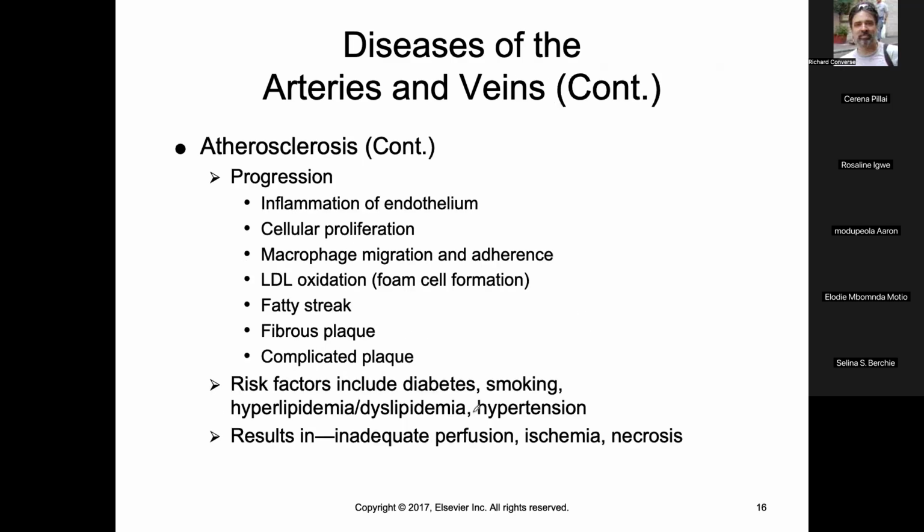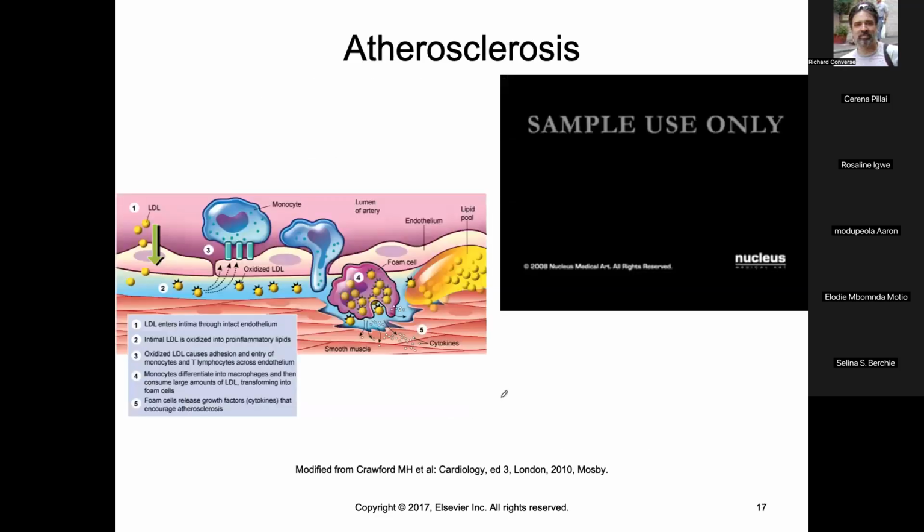The progression: inflammation of the endothelium, cellular proliferation, macrophage migration and adherence, foam cell formation, fatty streaks, fibrous plaques, then complicated plaques. Risk factors: diabetes, smoking, hyperlipidemia, dyslipidemia, hypertension, resulting in inadequate perfusion, ischemia, and necrosis. Okay, so let's look at the progression here.